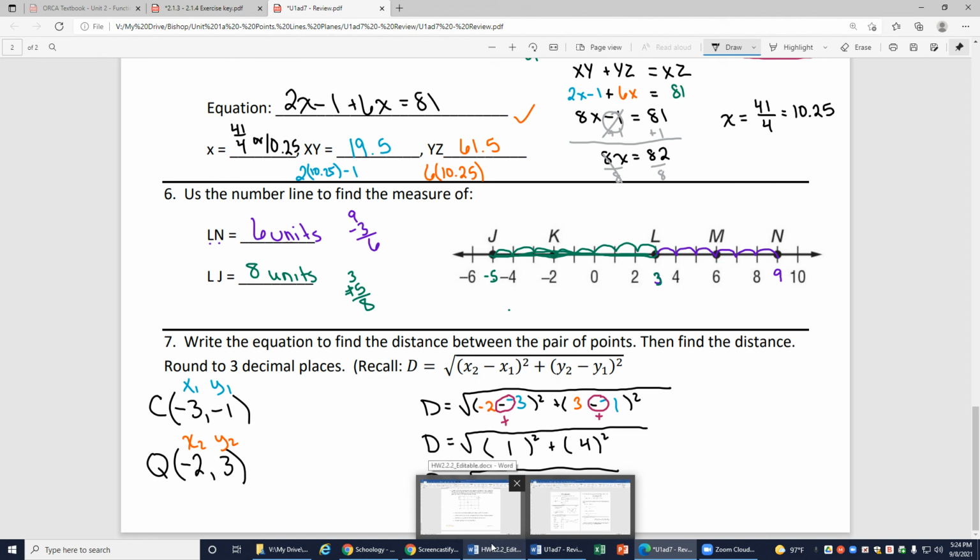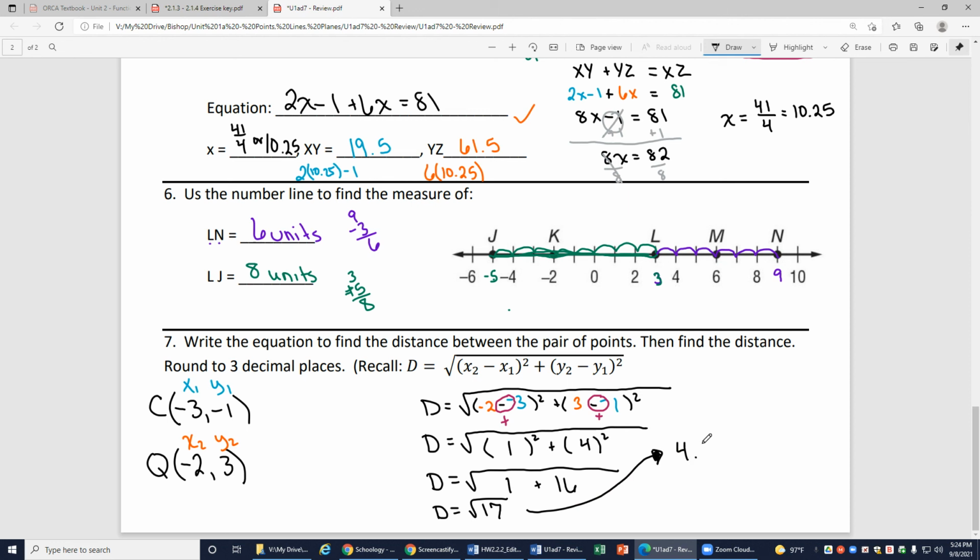17. It does say to round to 3 places. So I am going to do the square root of 17. And when I do that, I'm going to put it over here where I have a little bit more room to write. In the calculator, I get 4.1231056, it keeps going on and on.